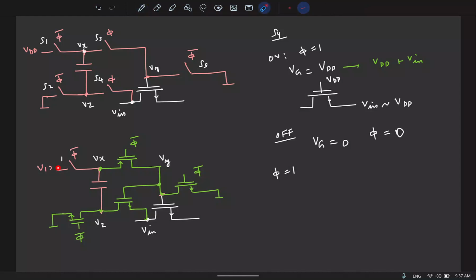In that phase, the capacitor was charged to VDD and the connection was this, right? So to start with, Vx was at what potential? VDD. It was initially at VDD. So Vx is at VDD initially, and let us say Vin is VDD.